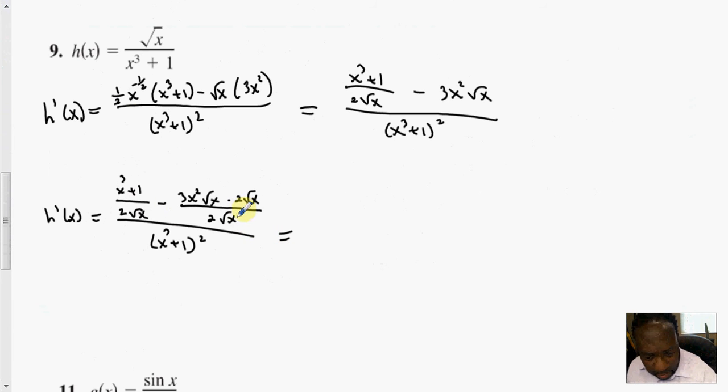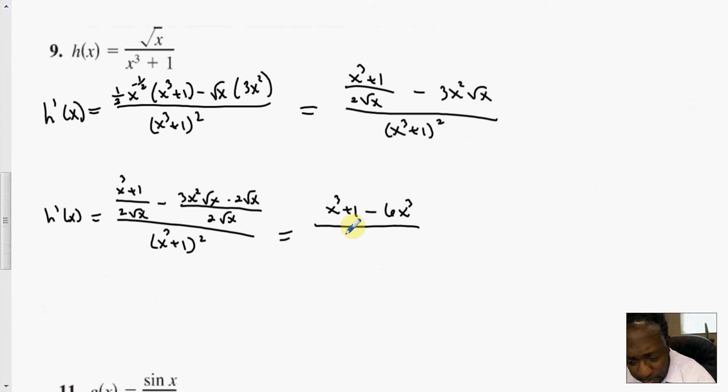Simplify that. Since we have the same denominators, we can combine the numerators. So up top we have x cubed plus 1 minus 3 times 2 is 6. x squared times x is x to the third.